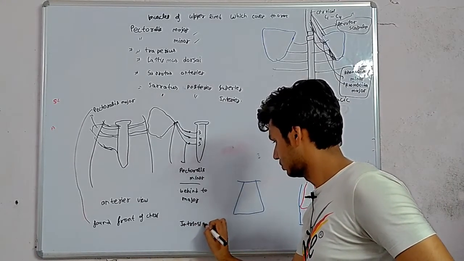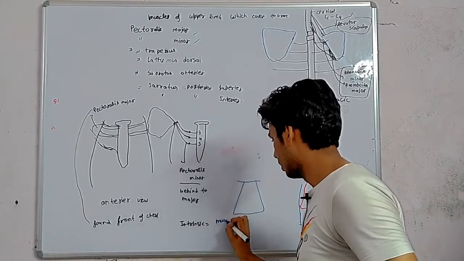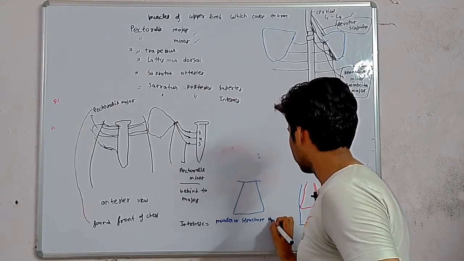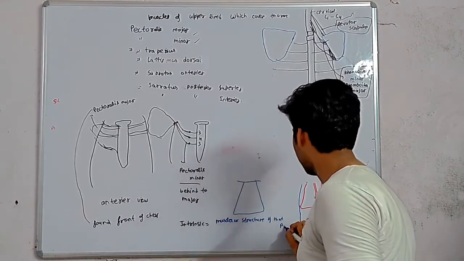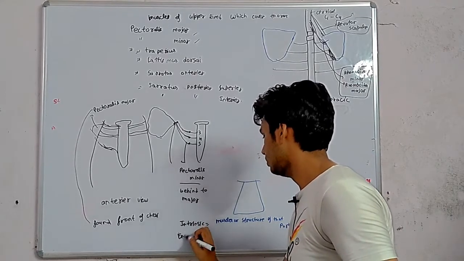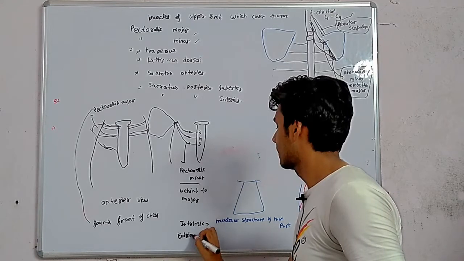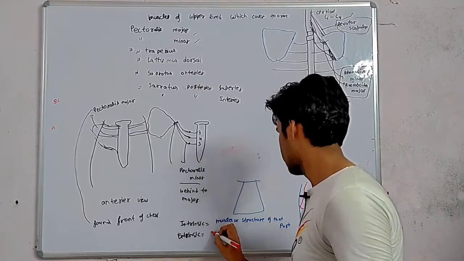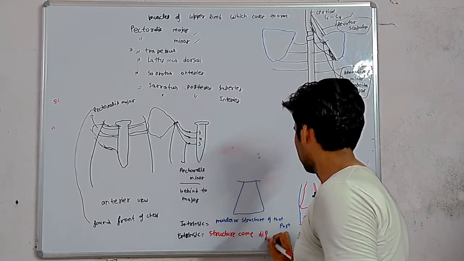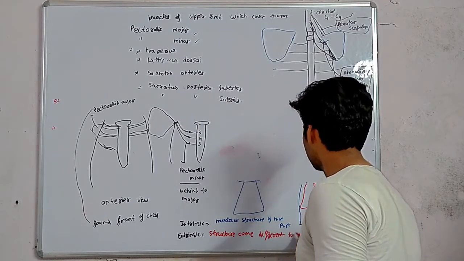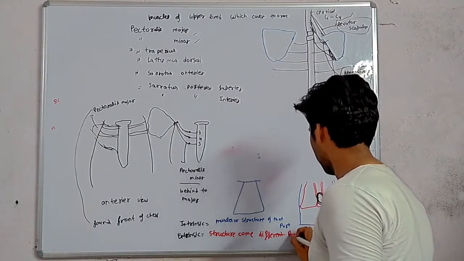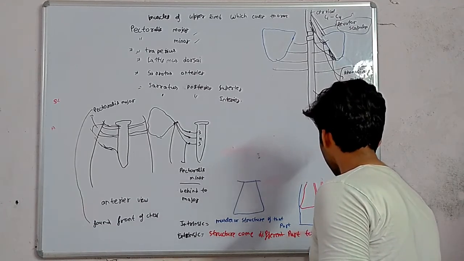Intrinsic muscles and other structures belong to that part, let's say we are talking about the thorax. Extrinsic structures come from a different part to that part.